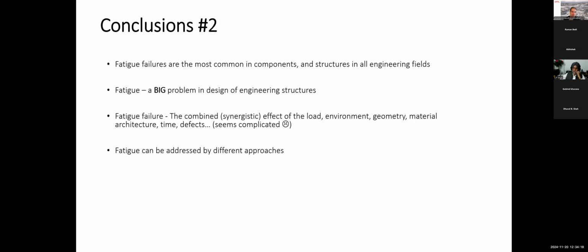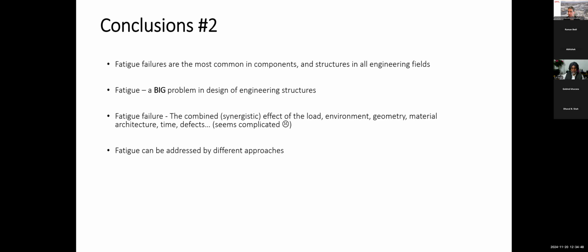And then we've seen from these experimental results that I briefly presented here that there is a big issue also with the synergistic effect of load, environment, geometry, material architecture, artifacts of the testing. All this makes the fatigue investigation of composites very much complicated.